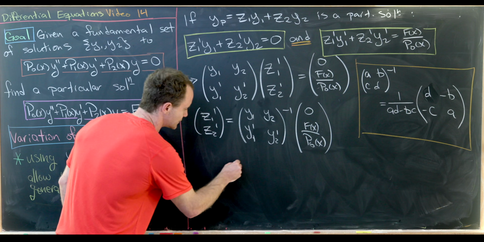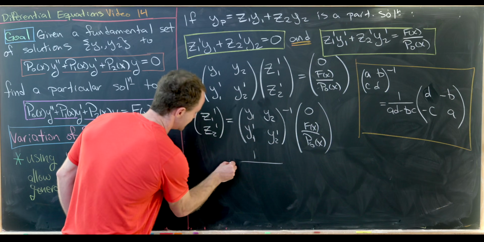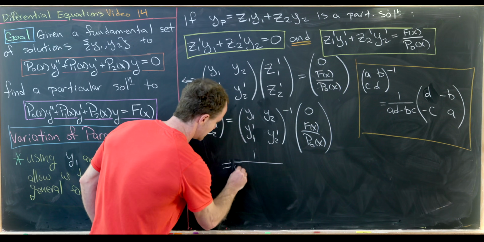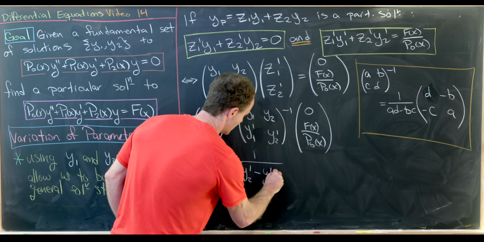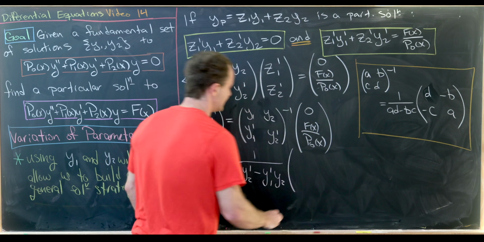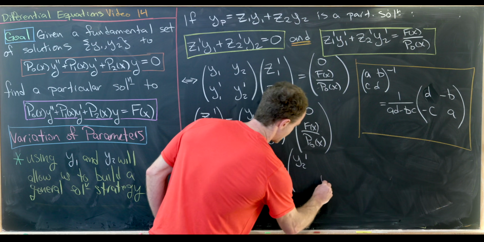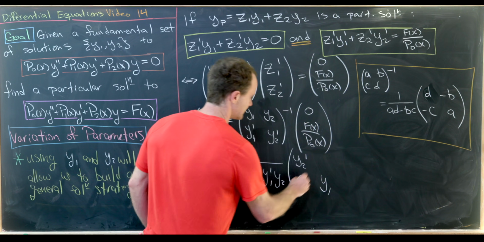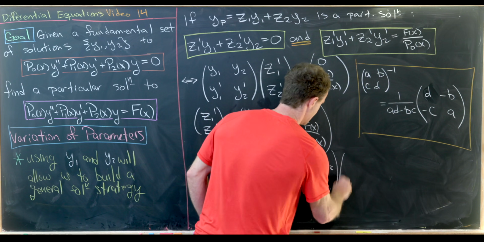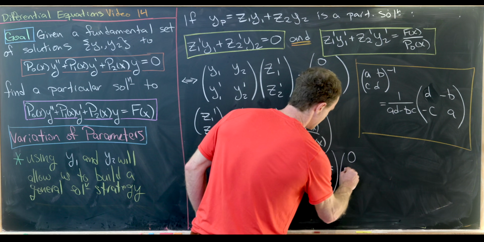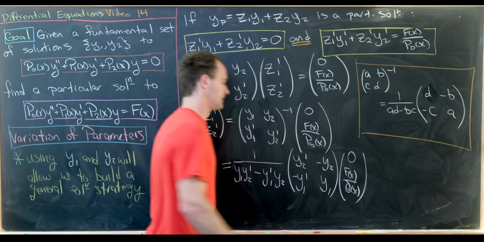Okay, so that means we can rewrite this as 1 over the determinant, like I said. So that's going to be y1 y2 prime minus y1 prime y2, and then the inverse matrix, which is y2 prime up here, y1 down here, and then negative y2, and then negative y1 prime, and then multiplied into 0, f of x over p naught of x.